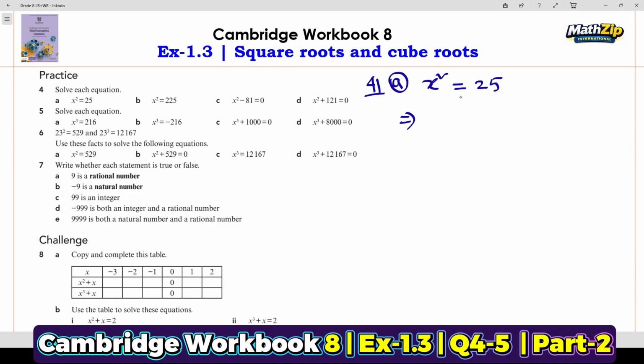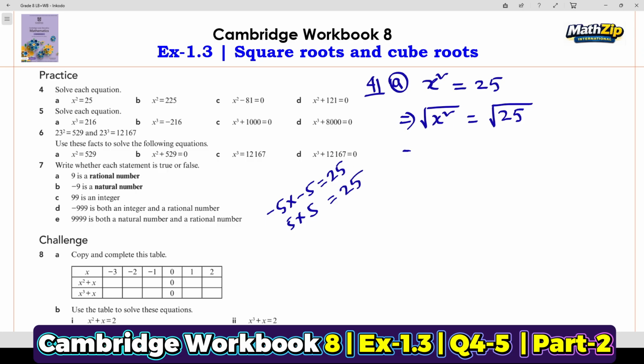If we take the square root, here is the square root of x squared equals the root of 25. 25 can be found as minus 5 times minus 5, and also 5 times 5. Minus 5 times minus 5 is 25, and 5 times 5 is also 25.